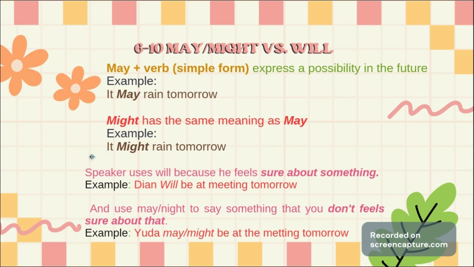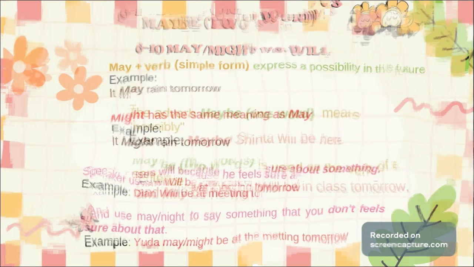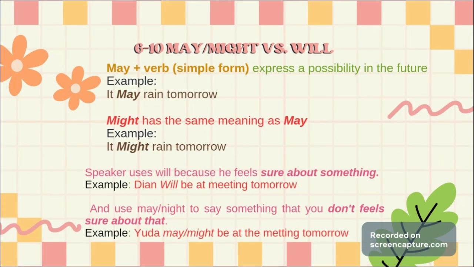So, for sentence 1, the speaker uses may because he feels sure about something.